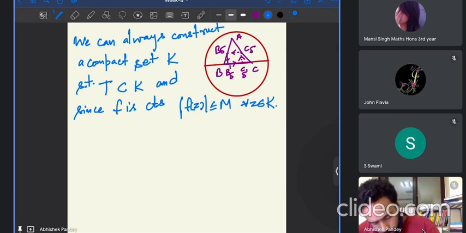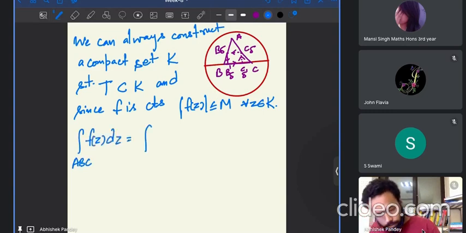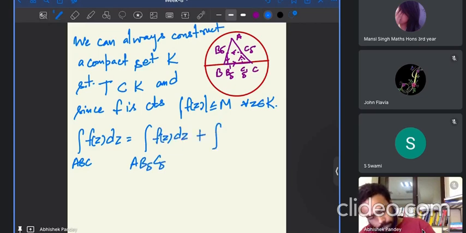Let us consider this integral over ABC, this is T, F(z) dz. This is nothing but the integral over A, B delta and C delta of F(z) dz, plus again the integral over B delta, B, C delta of F(z) dz.